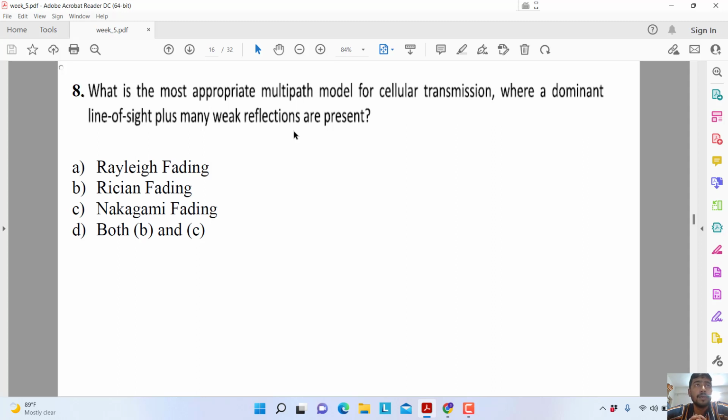So please comment the answer to this question. What is the most appropriate multipath model for cellular transmission where there is a dominant line of sight plus many weak reflections? If anybody got the answer, can comment.